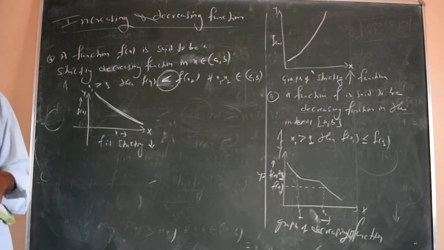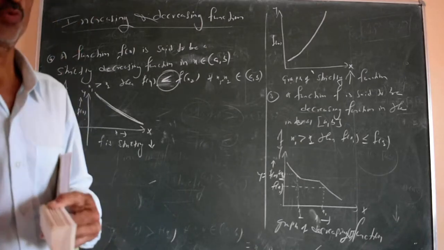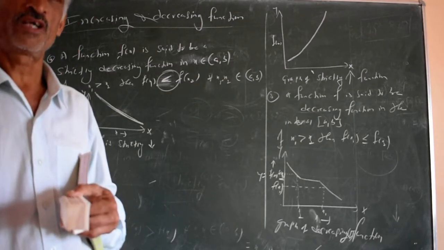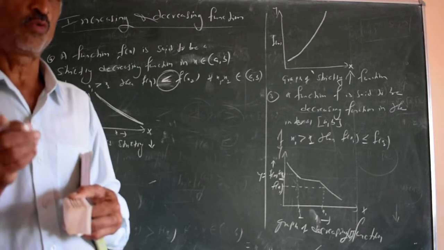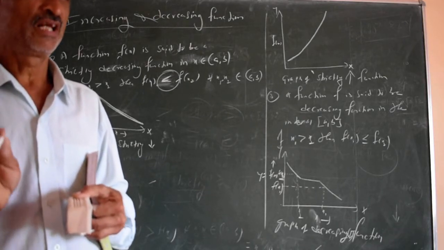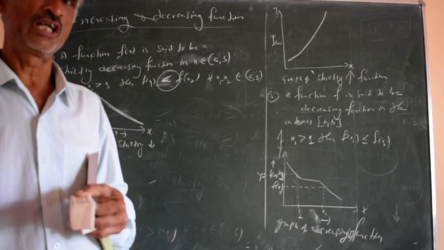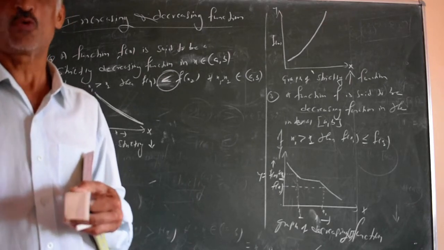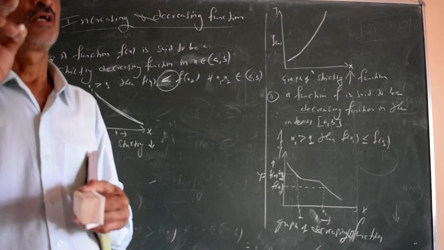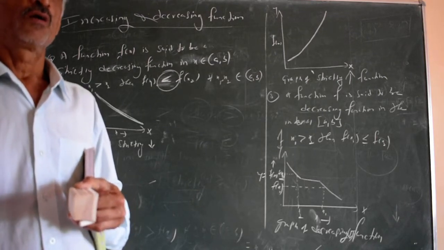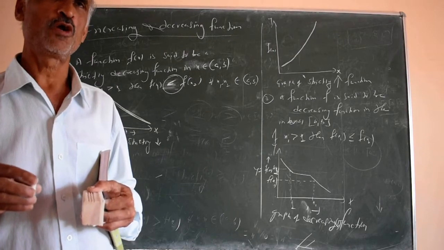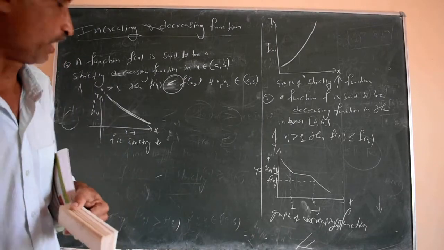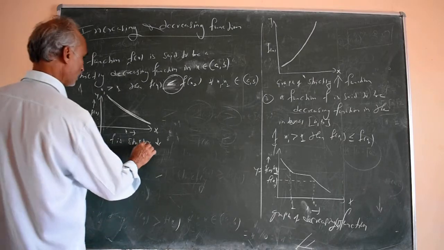For strictly decreasing, f of x1 is less than f of x2, and no equals to comes. For strictly increasing or decreasing, the open interval should be taken. For simply increasing and decreasing, f of x1 greater than or equal to, less than or equal to comes. Okay, f is a strictly decreasing function.